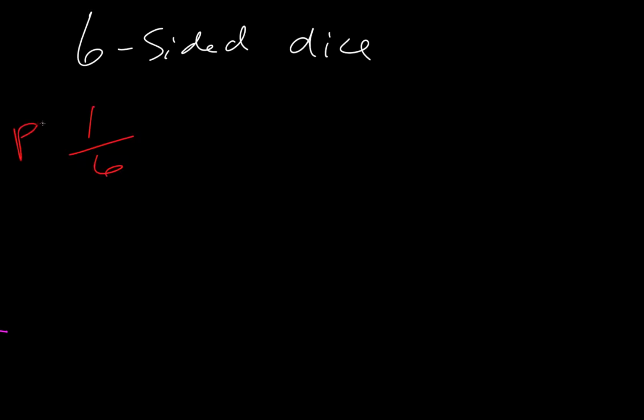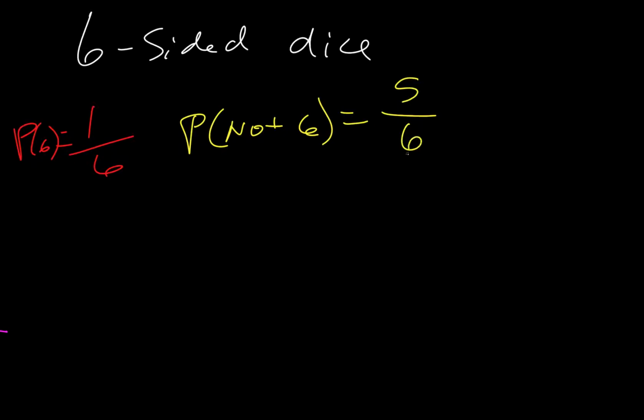And so the probability of rolling a 6 is 1/6. Now, what about not getting a 6? So probability of not 6. Well, there are 5 numbers that are not 6 out of a total of 6 numbers. So the probability would be 5 over 6.